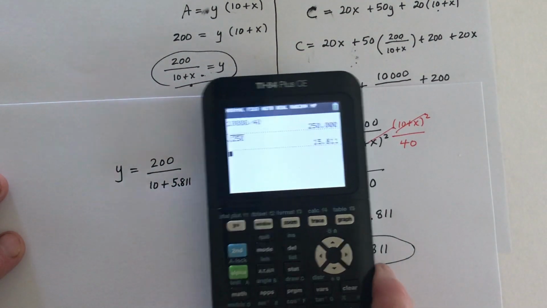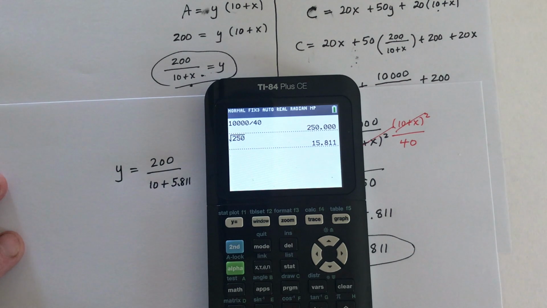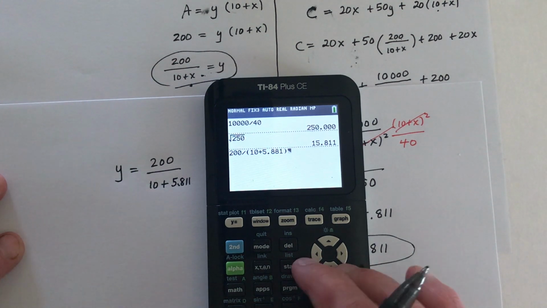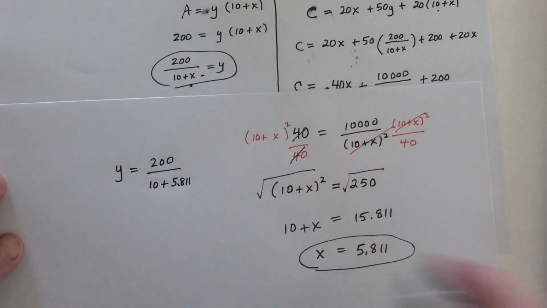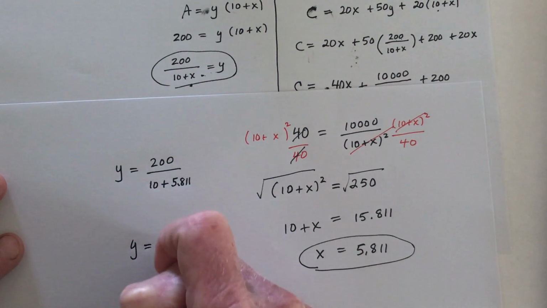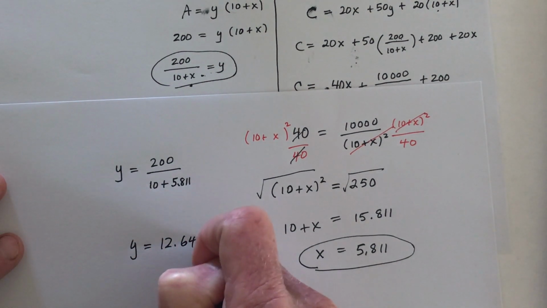So for the last step on this one, 10 plus 5.811. And then I've got my parentheses, I got my 200. Okay, so 12.649. So y equals 12.649.